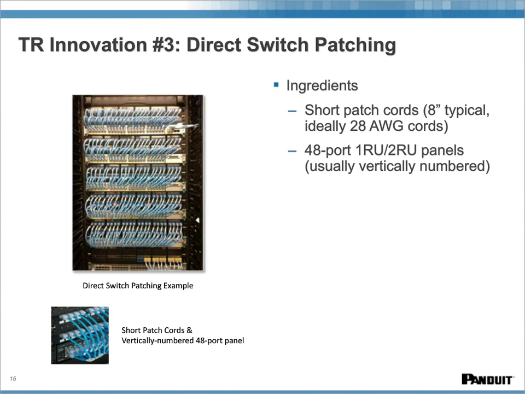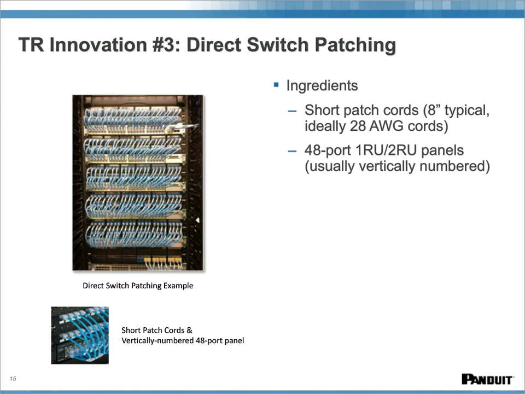I am going to move on to a question I'm going to put together that's a compilation of a number of questions that came in concerning high-density configurations, in particular 28-gauge patch cords. A number of questions asked about the implications of the forthcoming IEEE 802.3 BT, that next generation of power over Ethernet, where the number 90 is being used in terms of the amount of power being delivered or at least sent.